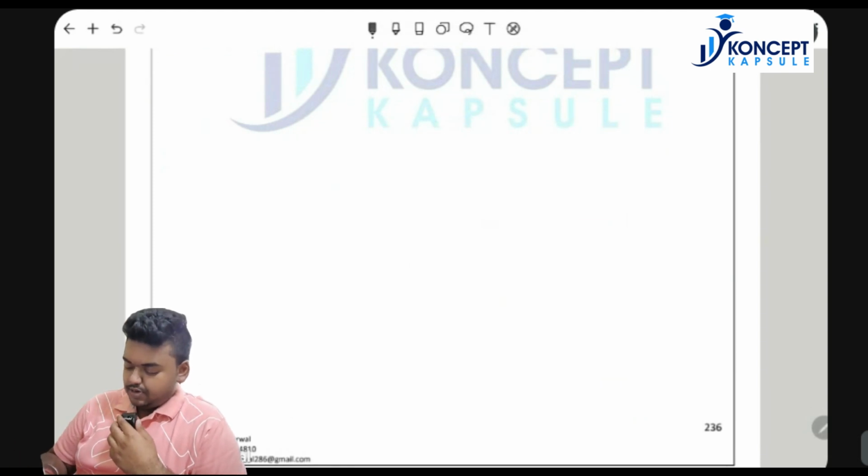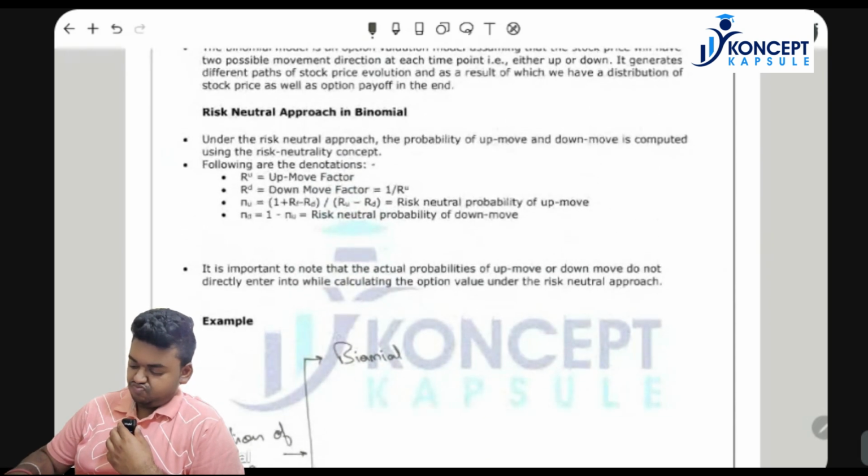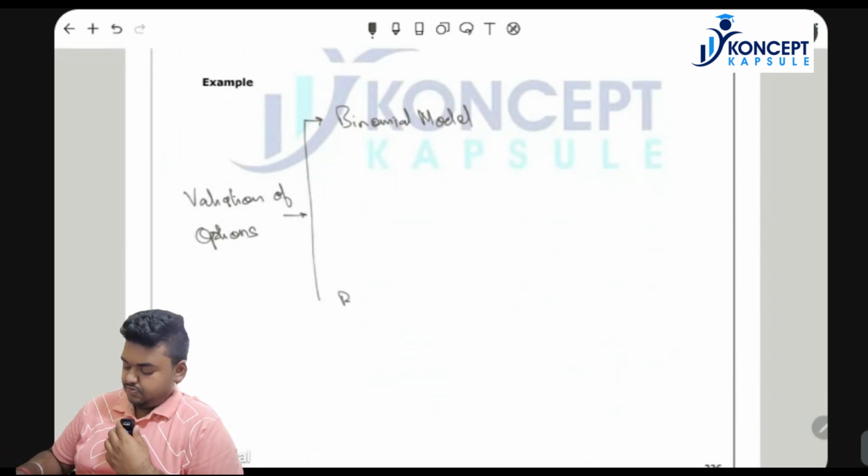Now, when we come to valuation of options, there are two pertinent models that are used. One is a binomial model. The other is the Black-Scholes model.